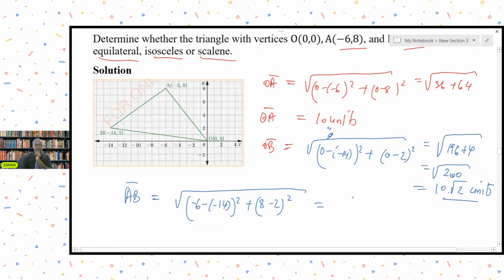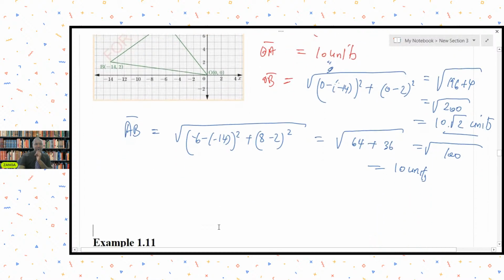This is similar to taking the square root of negative 60 plus 14 to be actually 80 square, which is 64, plus 60 square, which is 36. You get a square root of 100, and actually this is equivalent to 10 units. So as you can see, two sides are equal.